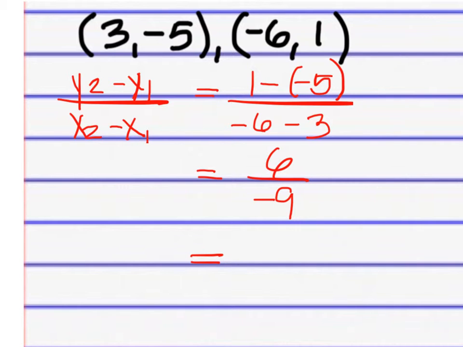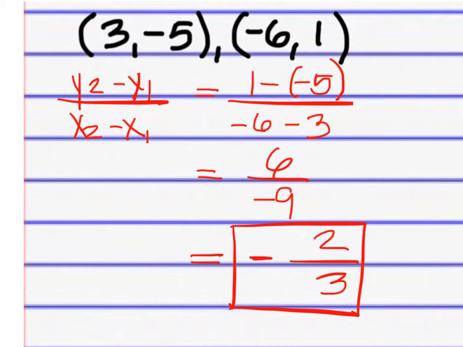As I told you before, you have to reduce fractions when necessary. First of all, the negative sign goes out to the left of the fraction bar, and the highest number that goes into 6 and 9 is 3. 3 into 6 twice, into 9 3 times. The answer is negative 2/3.